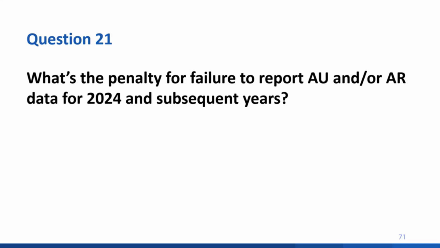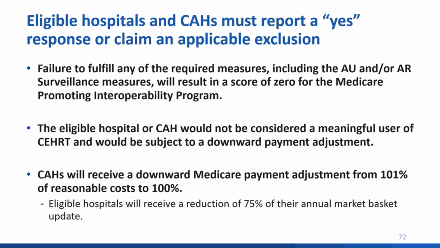What's the penalty for failure to report AU and/or AR data for 2024 and subsequent years? Eligible hospitals and critical access hospitals must report a yes response or claim an applicable exclusion.